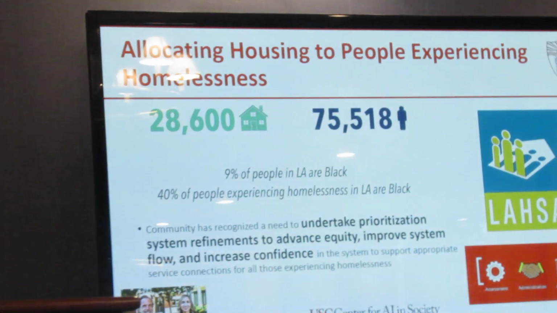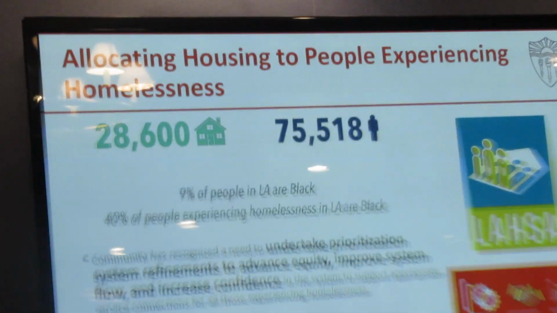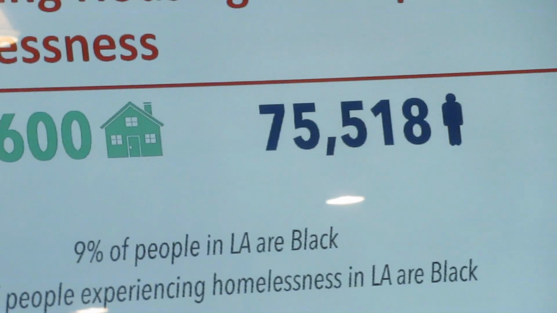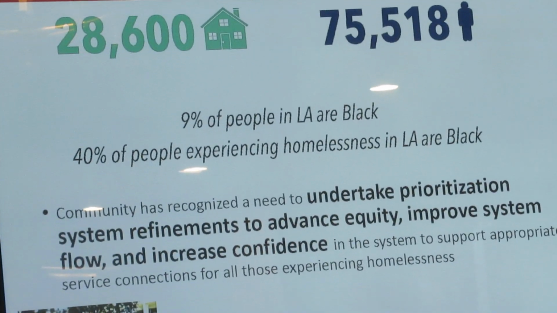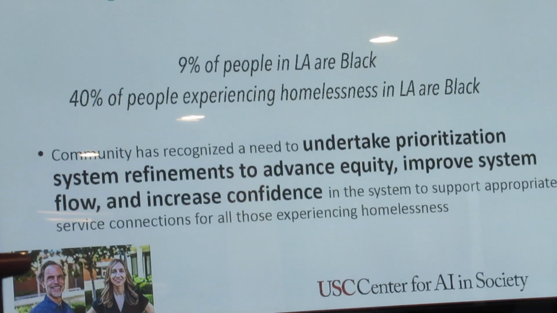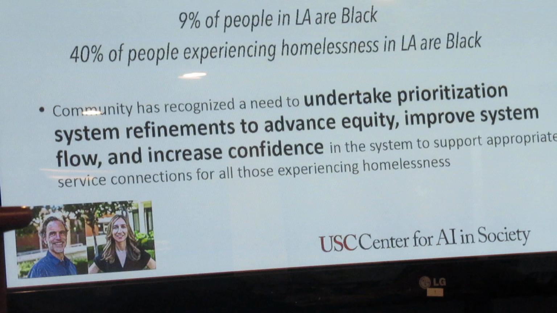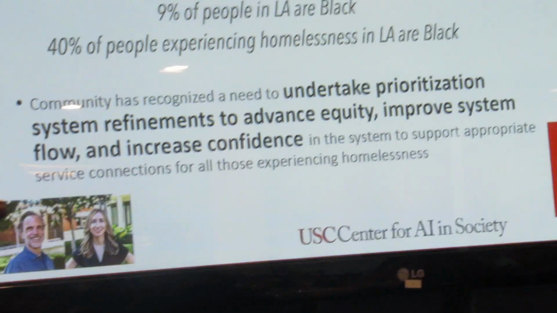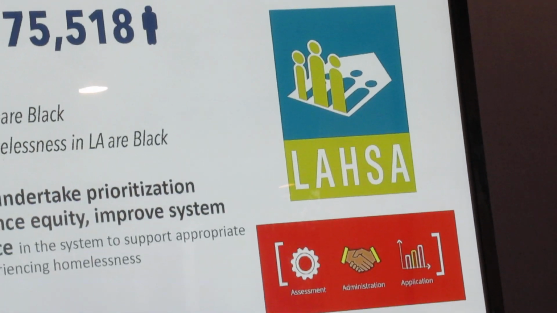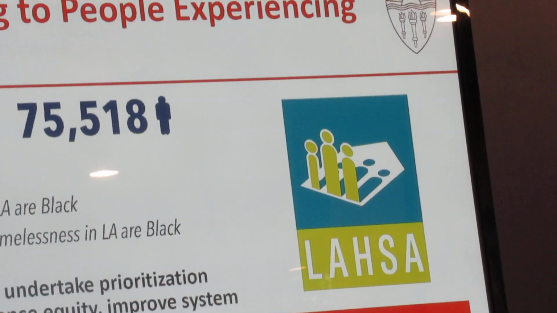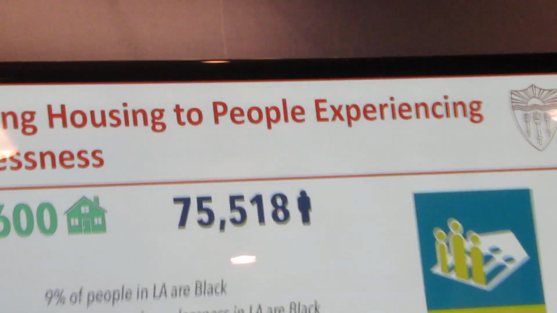In particular, recent statistics show there are more than 75,000 individuals experiencing homelessness across the LA area, and yet in terms of housing resources for the homeless, we only have a little bit more than 28,000 permanent or semi-permanent housing units. So it's clearly an unmatched resource to need area. In addition, there are also huge inequalities in terms of how different sub-communities are affected by this problem.